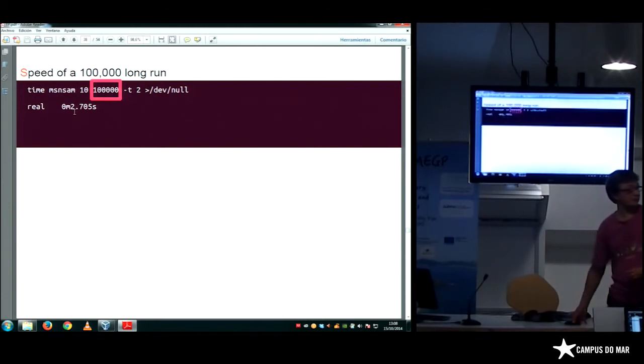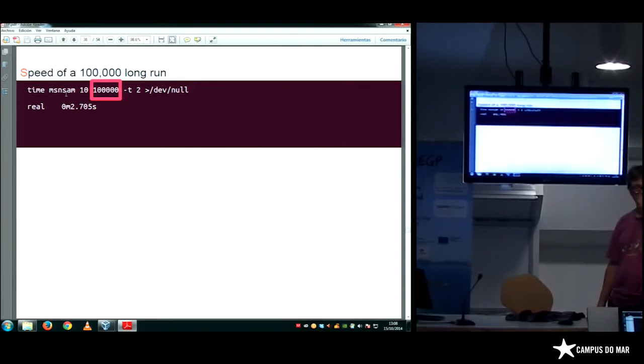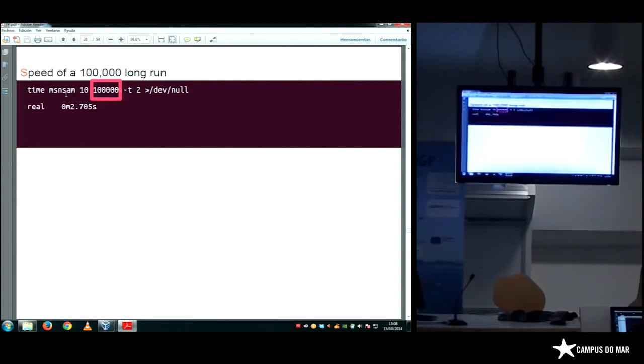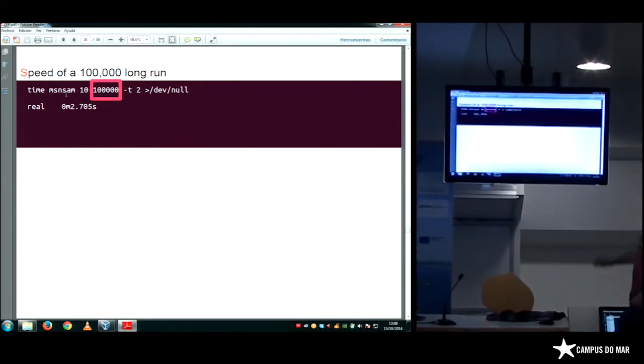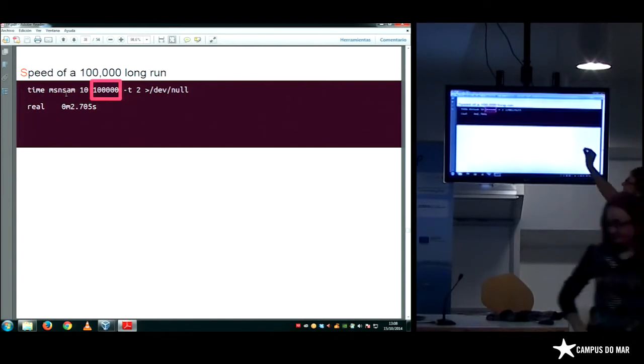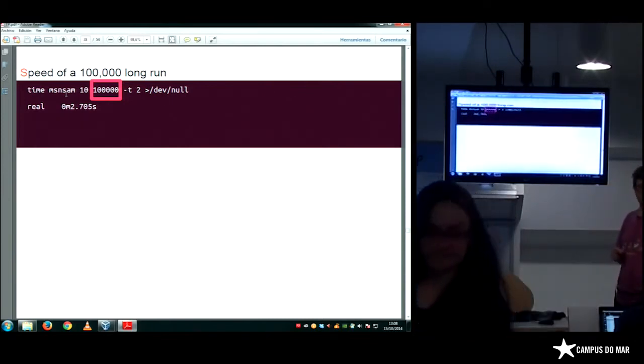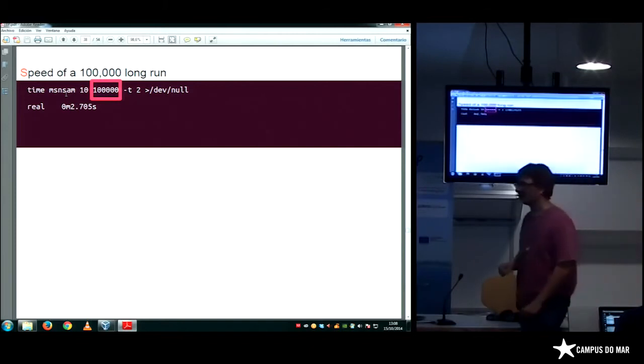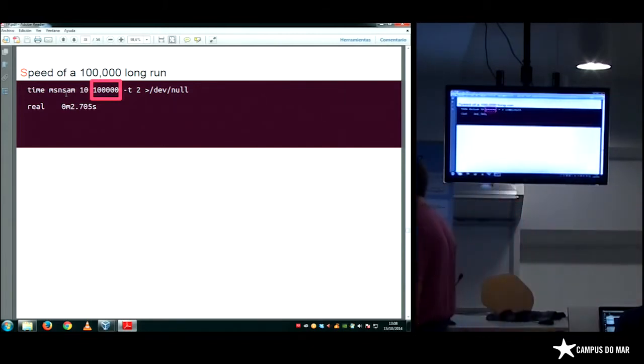That's very, very fast. And I just did it previously, and it was even faster here. So do it, please. Verify that it's really fast. You type time, ms 10 100,000, a theta of 2, and you can verify how fast it is.